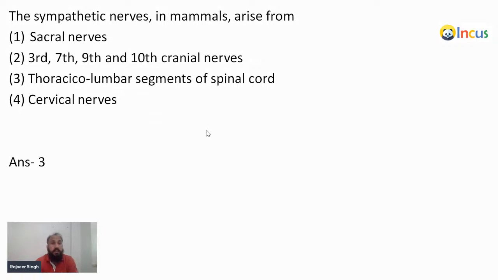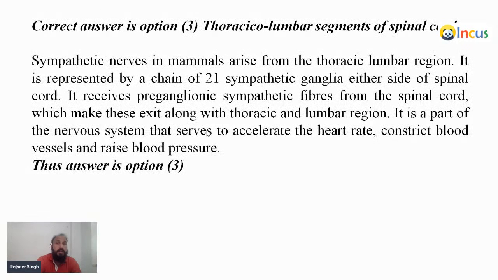Next: the sympathetic nerve in mammals arises from the sacral nerve, the 3rd, 7th, 9th and 10th cranial nerves, the thoracic lumbar segments of the spinal cord, or the cervical nerve. The answer will be third, thoracic lumbar segments of the spinal cord, because the sympathetic nerve in mammals arises from the thoracic lumbar region.